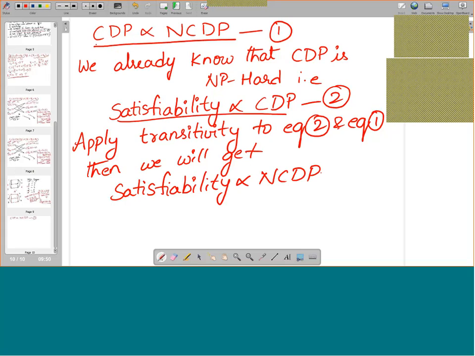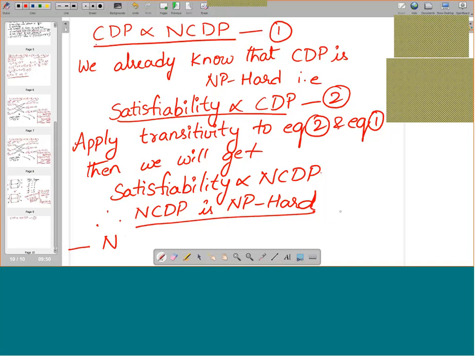So after applying transitivity, we will be getting this condition: satisfiability reduces to node cover decision problem. If this condition is proved, therefore NCDP is NP hard. And also, node cover belongs to decision problems, so NCDP belongs to NP.